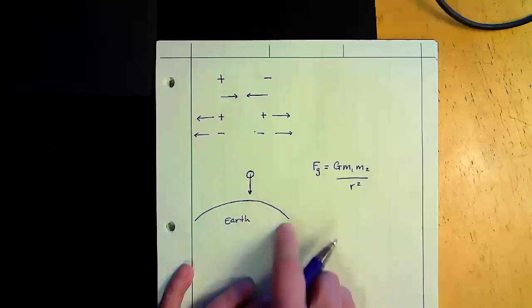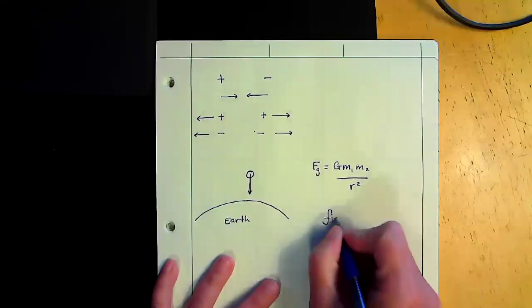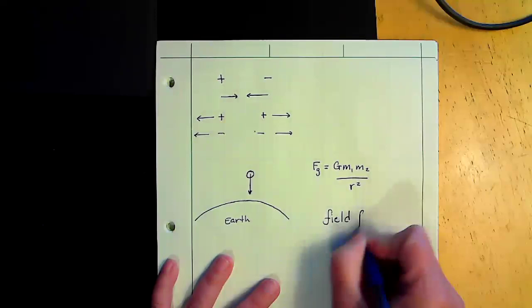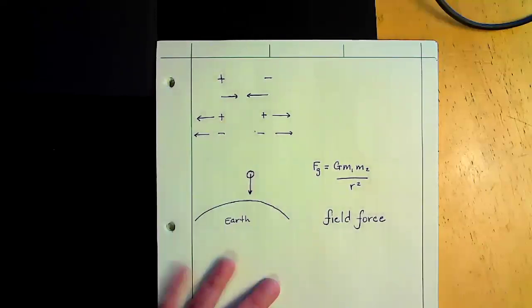And when we deal with this, we can look at what we call a field force. So anywhere that I'm in Earth, that field force is going to draw my object towards the Earth.